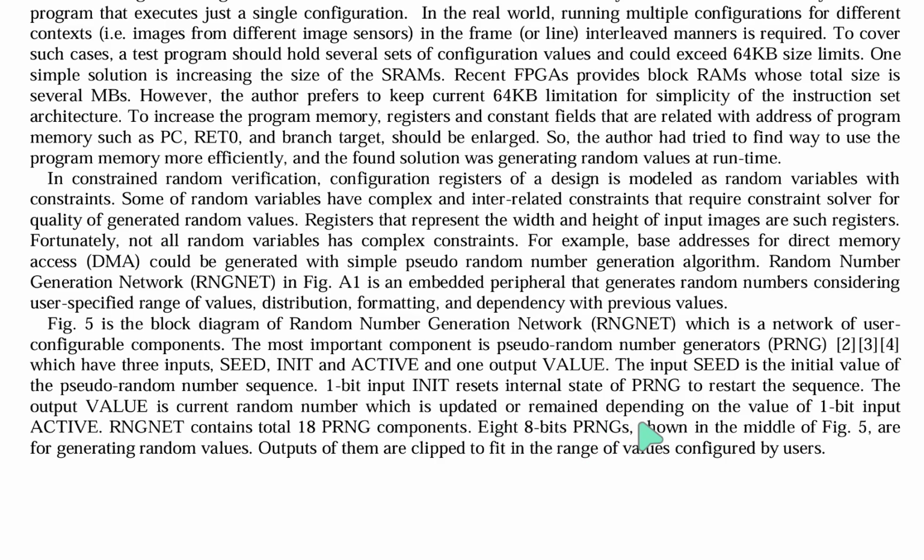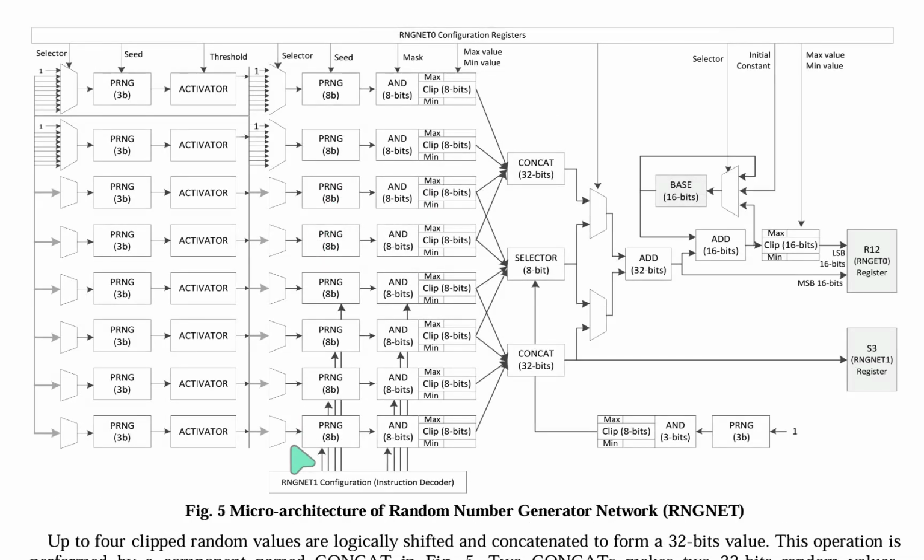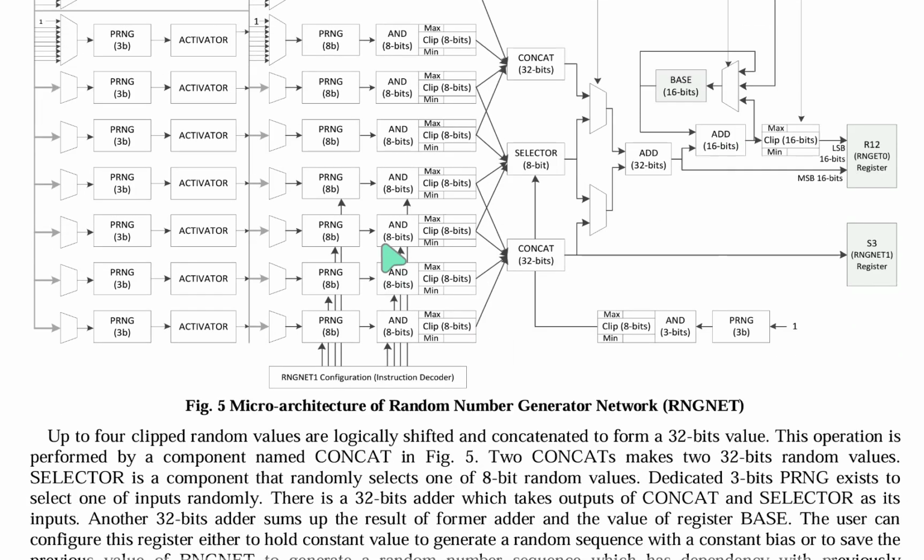RNGNet contains a total of 18 PRNG components. The 8-bit PRNGs shown in the middle of figure 5 generate the random values. Outputs of them are clipped to fit in the range of values configured by users. Figure 5 is a microarchitecture of the random number generation network, RNGNet.